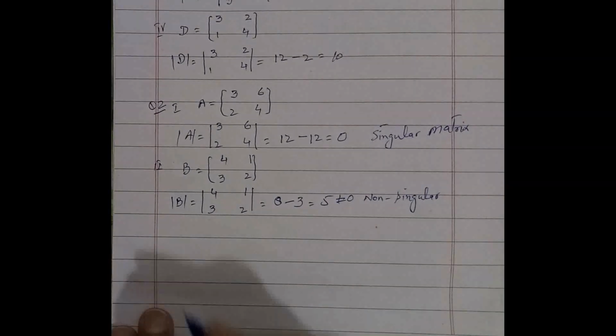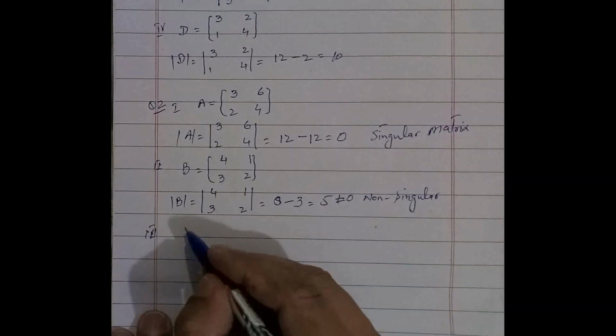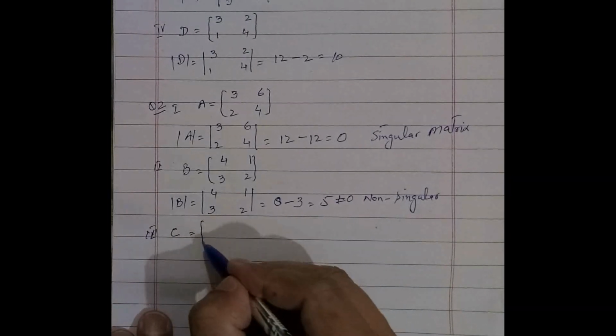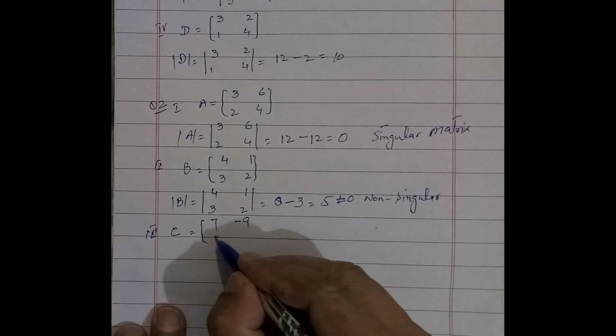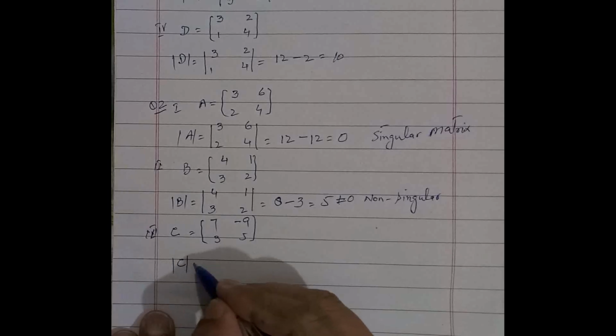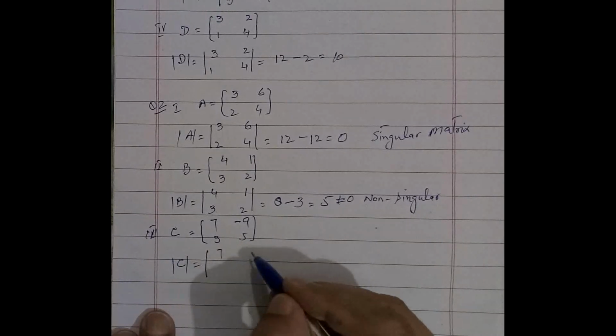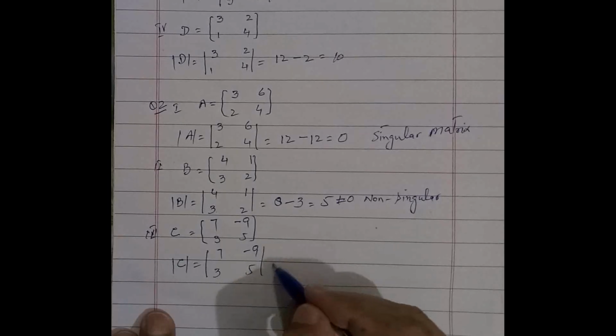And the third is C matrix, which is [7, -9; 3, 5]. And the determinant of C is [7, -9; 3, 5].